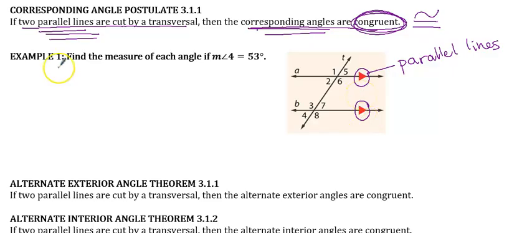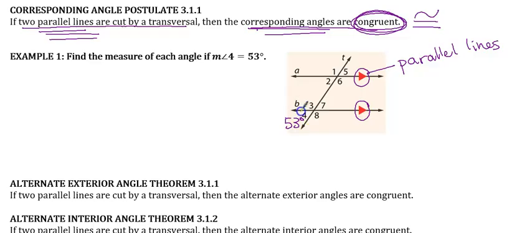So let's look at this example. It says find the measure of each angle if the measure of angle 4 is 53 degrees. I'm going to write this in here. 53 degrees. We know some things. First of all, we know the lines are parallel. So that's helpful. We already know that vertical angles are congruent.